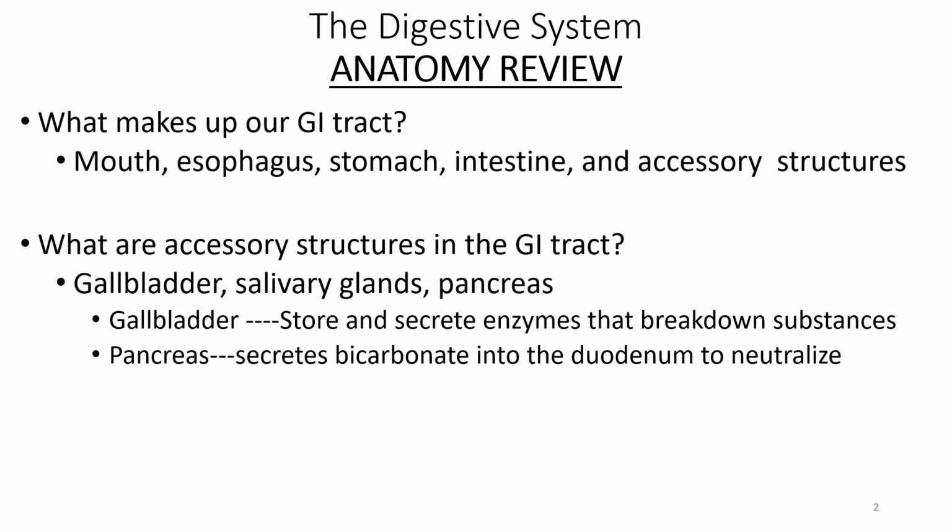If you think about all of the things that can affect our accessory glands and the other parts of our digestive tract, then you can imagine how our nutritional status can be affected by those. Okay, so just know what your accessory structures are and just tidbits about what they actually do within the GI tract.